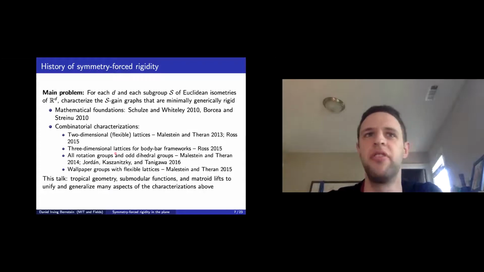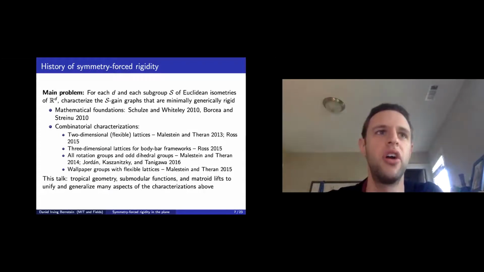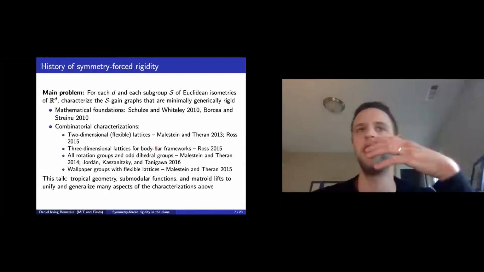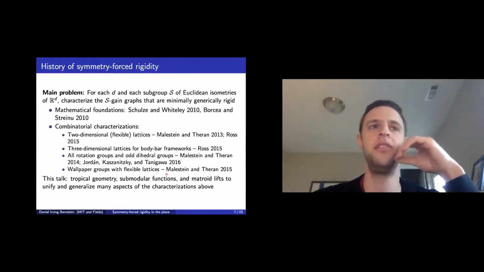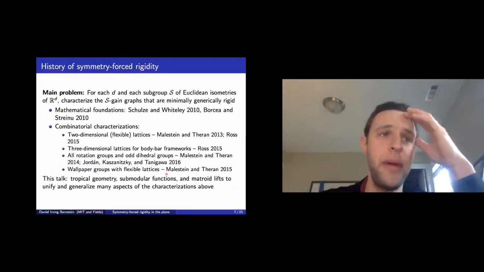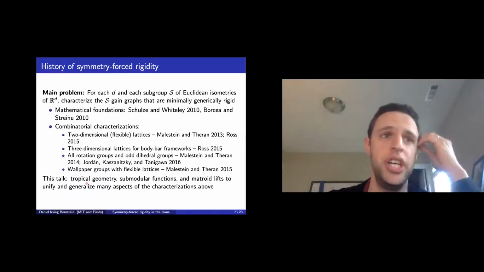The references are all here in case you want to go back and look at it. I'll mention some of these as they come up. But what I'm going to talk about is a generalization of parts of a lot of these previous results. And what I find exciting about this is the proof strategy.